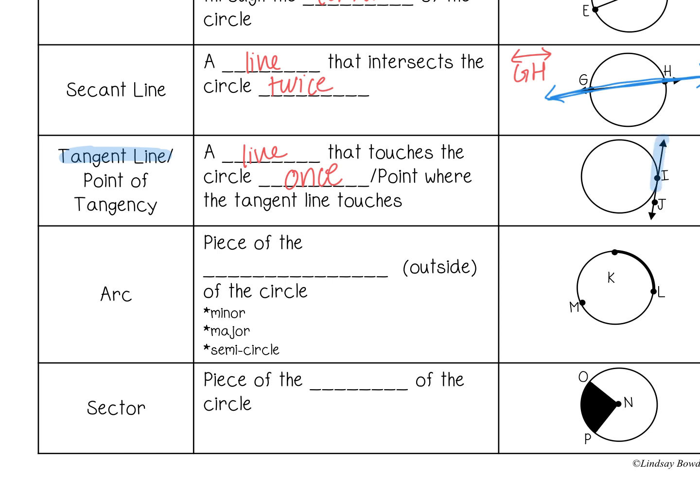Tangent line is the line that touches the circle once, so at point I. Point of tangency is just the point. So for this, I would have IJ. Okay, that is my tangent line. And then point of tangency will be point I.